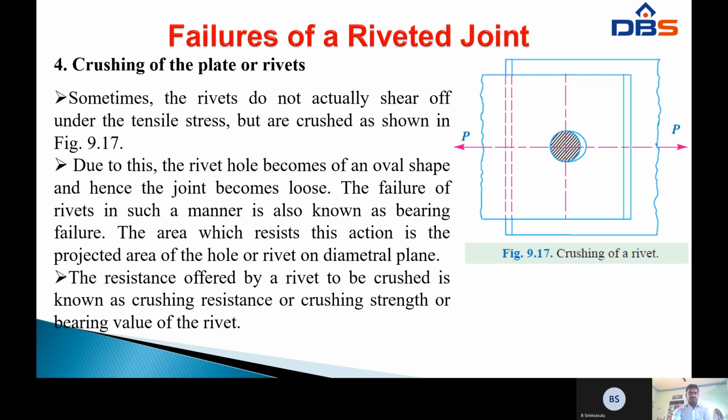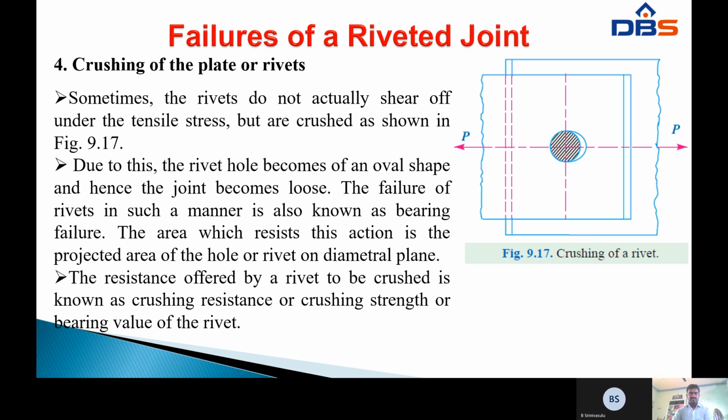Next, the fourth failure of riveted joints: the crushing of the plate or rivets. Sometimes the rivets do not actually shear off under the tensile stress, but are crushed, as shown in the figure. The rivet hole becomes an oval shape and hence the joint becomes loose.